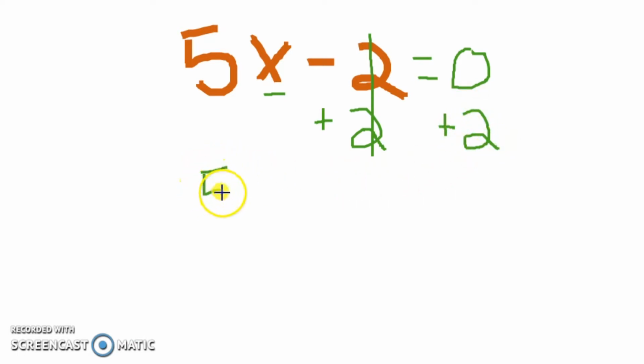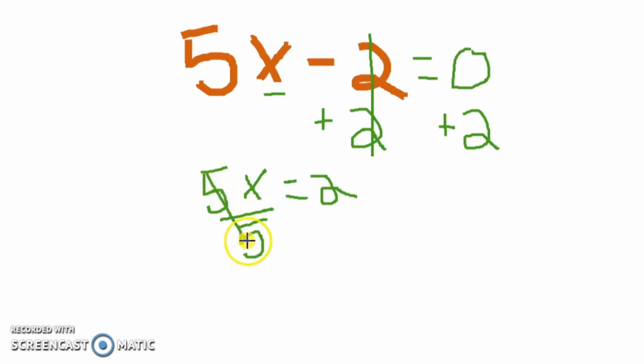So then that leaves us with 5x on this side, and the minus 2 is gone now because we canceled it out. And then we're left with 0 plus 2, which is 2 on the other side. Our x is still not alone, so we're going to have to get rid of our 5. What do we do to get rid of something we multiply by? We divide by the same thing.